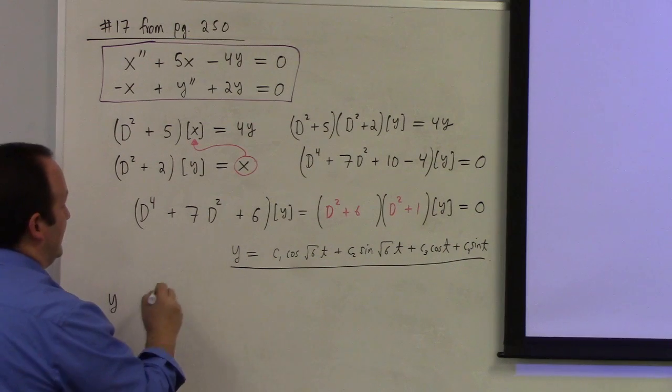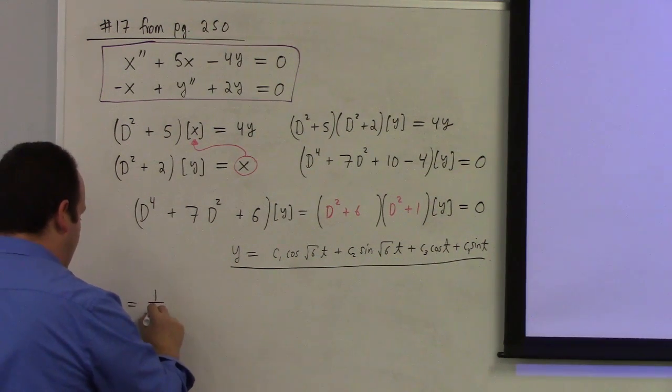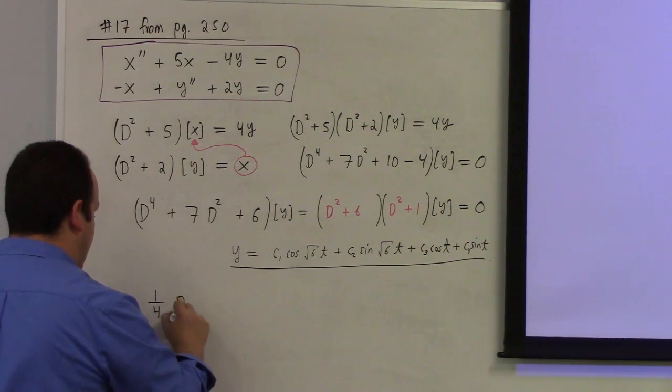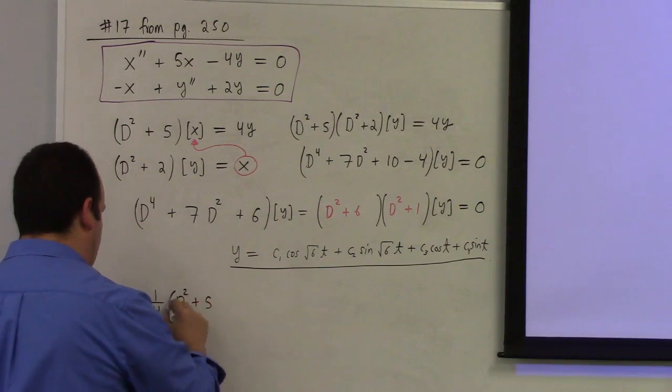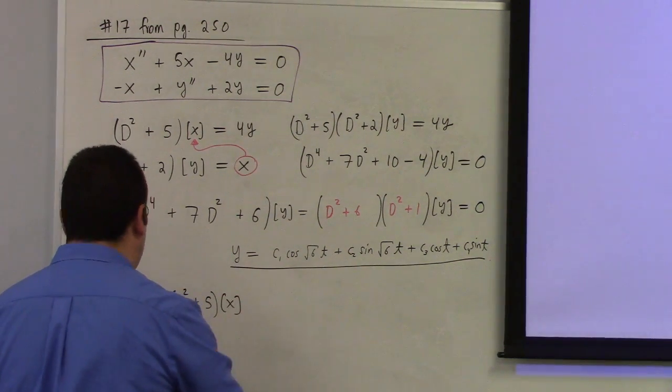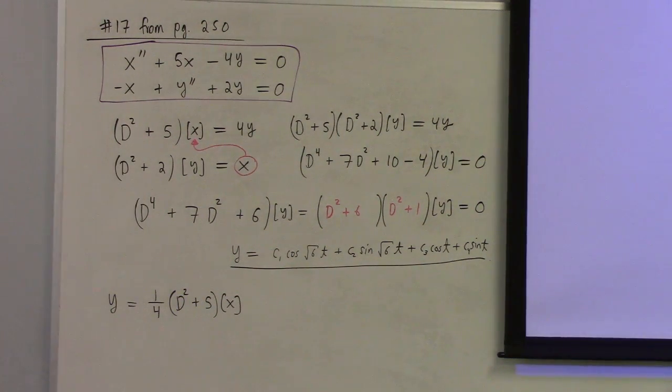All right, so y is equal to 1/4 (D squared plus 5) acting on x, you see. So all we have to do to find x is to do that derivative and add 5, and divide by 4.